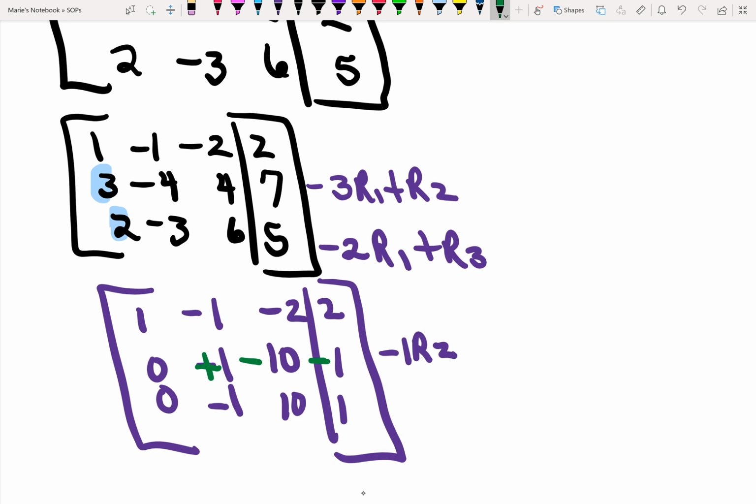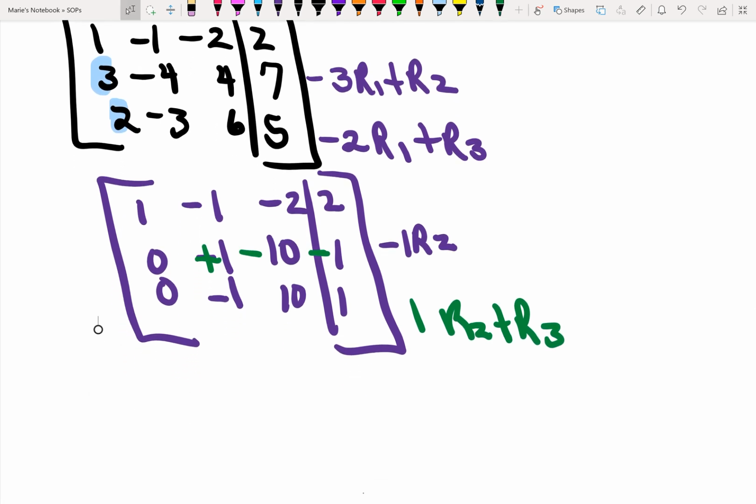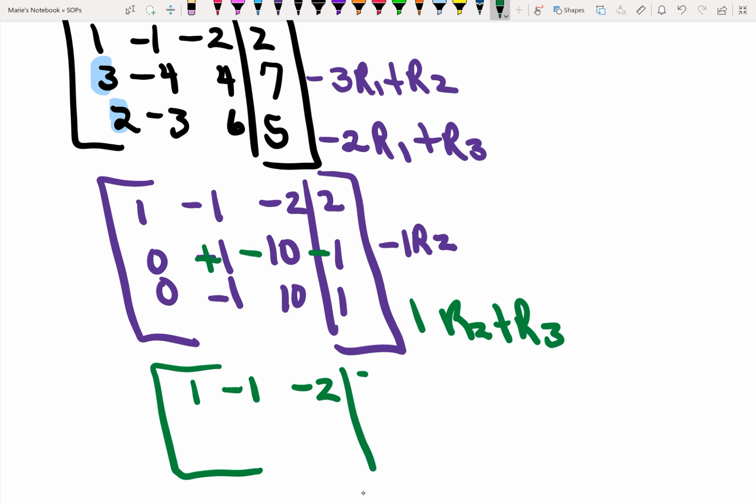And then I'm going to replace row 3 by 1 times row 2 plus row 3. All right, and so in doing so, I end up with 1, negative 2, 2. That doesn't change. 0, 1, negative 10, negative 1.